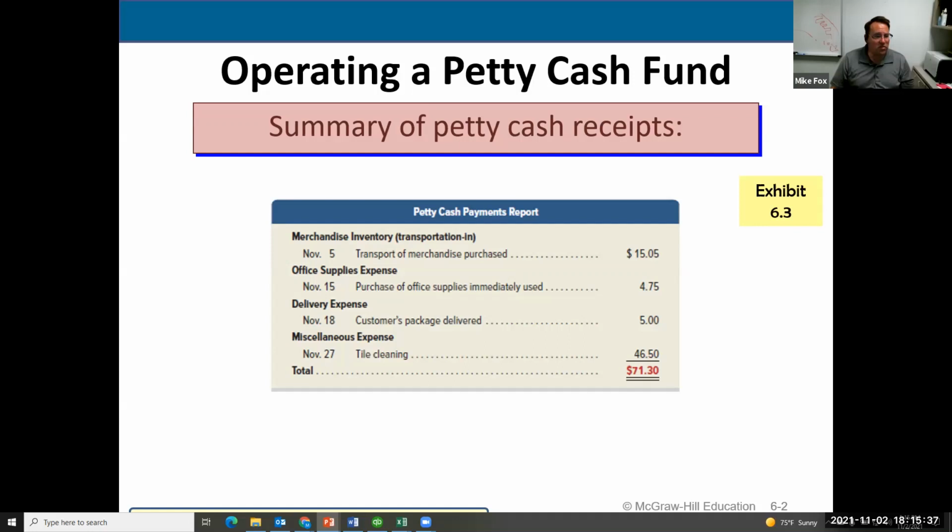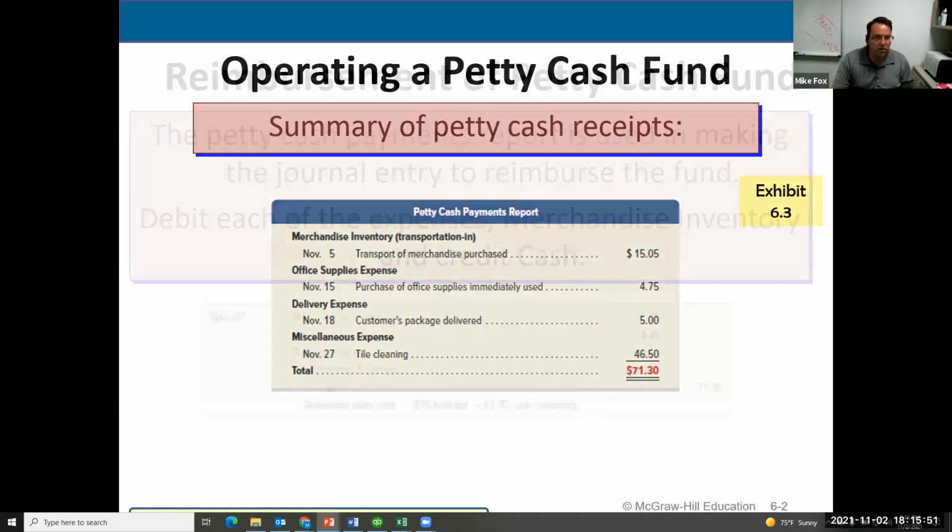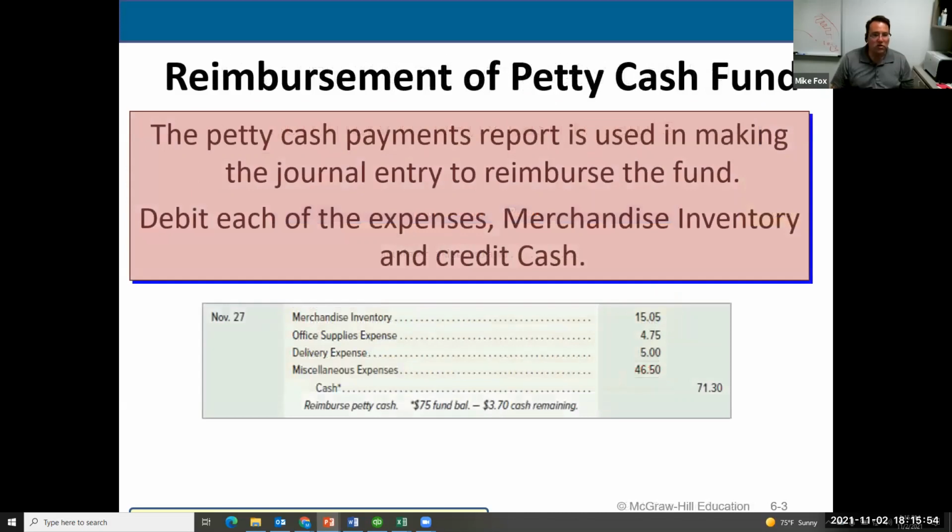Then purchase of office supplies that were immediately used, customer's package delivered, tile cleaning. So at the end of the month, they say we spent $71.30 out of the petty cash fund. At that point, you reimburse the petty cash fund. This is where it gets a little bit weird.